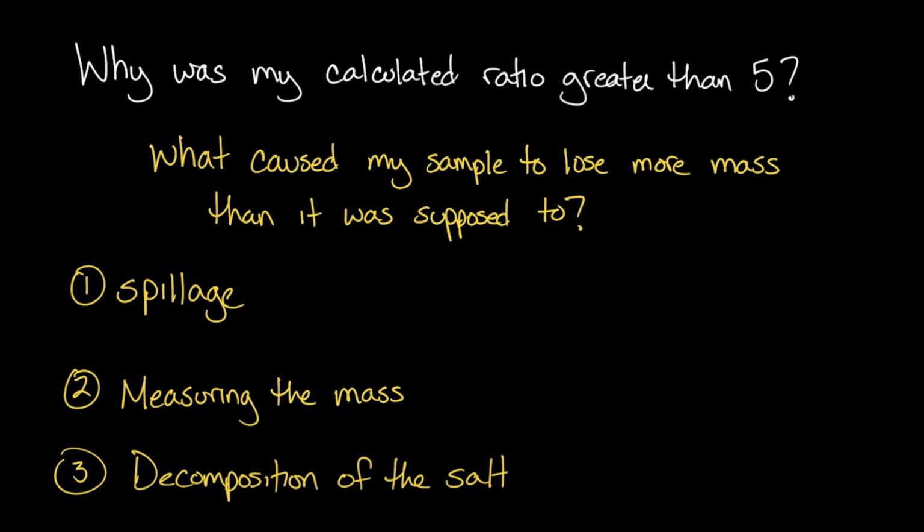And we don't have a way to differentiate between what actually was water that boiled away and what actually was some other source of mass lost. Now, if your calculated ratio came out to be less than the actual ratio, then you can think about some factors that would cause you to not have lost as much mass as you were supposed to.